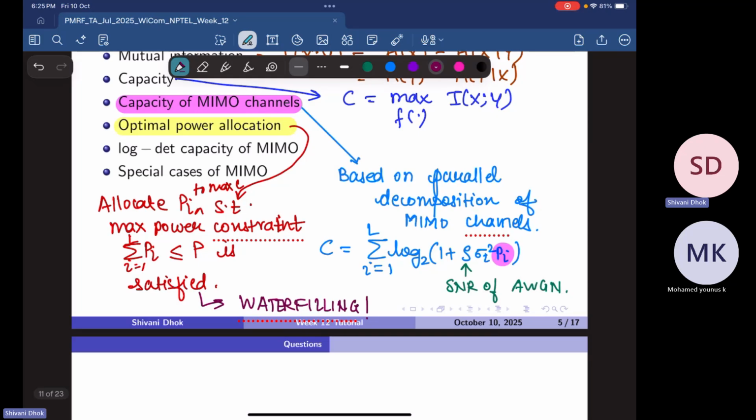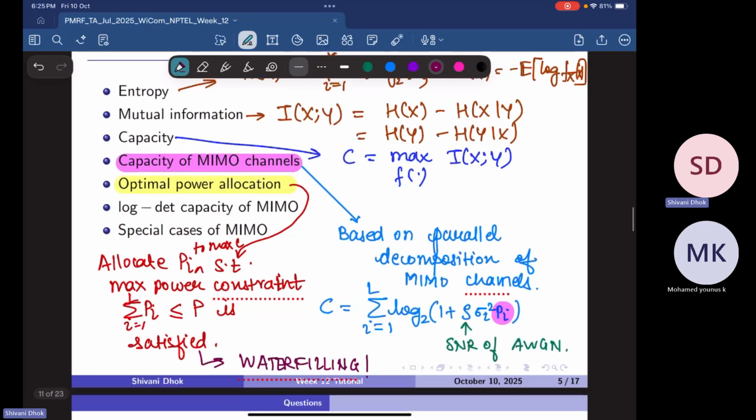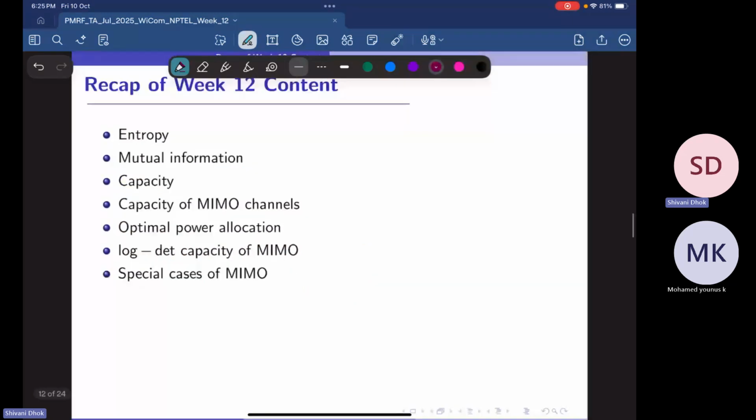Okay, so we have these things, and the next thing that we discussed is the ergodic capacity and the log-det formula for the capacity of MIMO channels. I won't be getting into details of how it was derived. I'll just write it down.